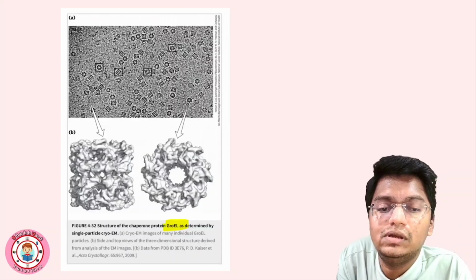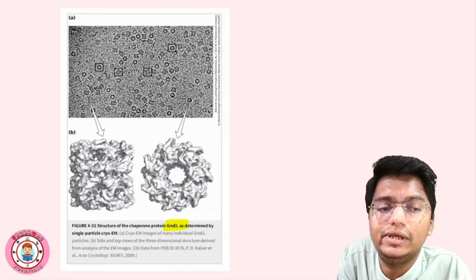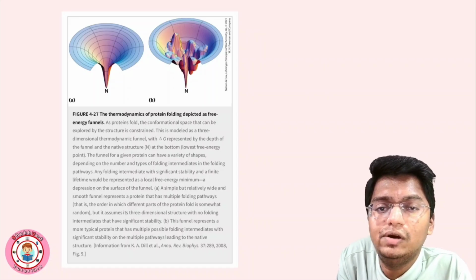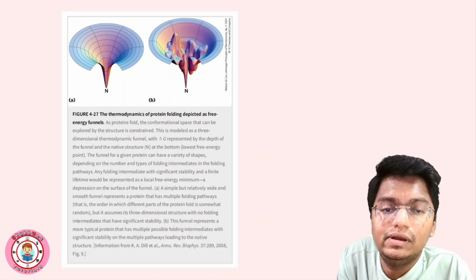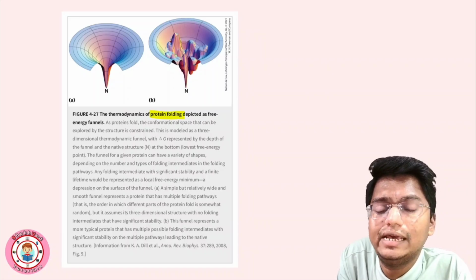GroEL. GroE stands for growth. Okay, and this is in bacterial cases. Bacterial protein. Next is the funnel, the energy funnel. We call it the funnel diagram. And this is for protein folding, right? Protein folding. Now in picture A we see a simple diagram. So this stands for no intermediates.